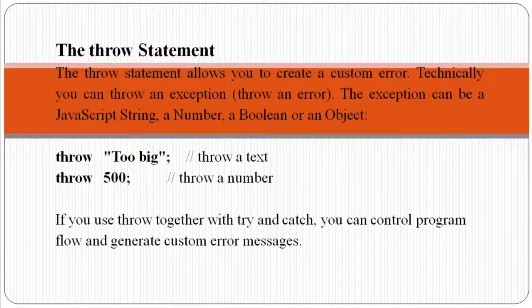Technically, you can throw an exception. The exception can be a string, number, boolean or an object. If you use throw together with try and catch, you can control program flow and generate custom error messages.